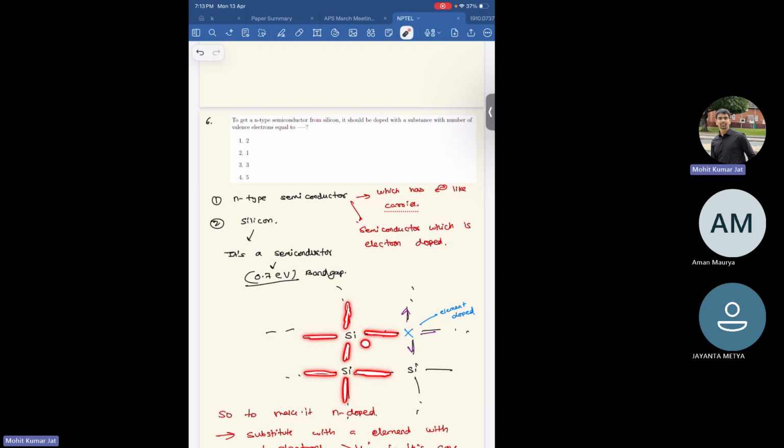That will make it n type. And if you want to make it p type, you remove one electron, one bond basically. So to make it n type, you dope it with something which has more valence electrons, and that is n equals 5, right? Out of these options. To make p type, you can dope it with 3. Well, everything else is fine, but to make n type, the only solution is n equals 5.